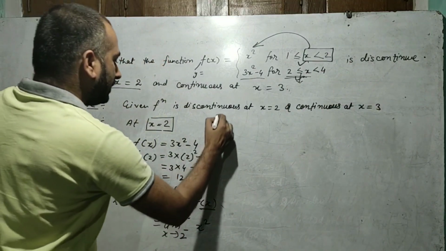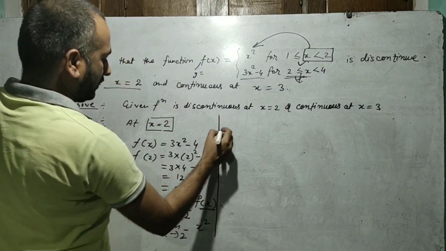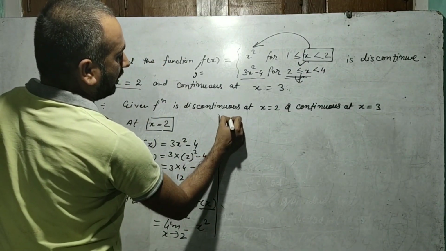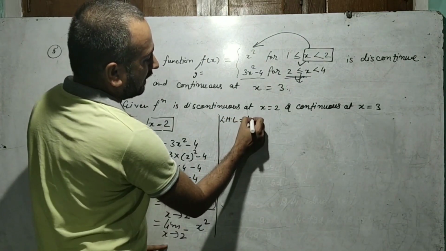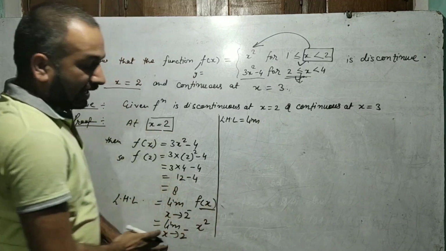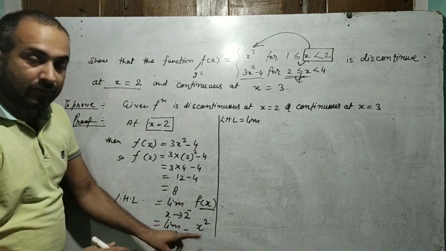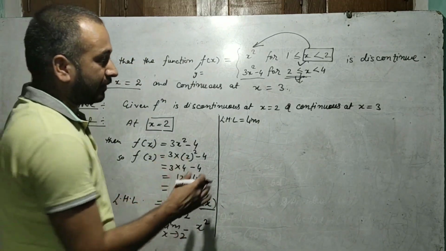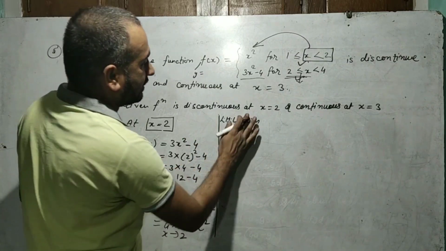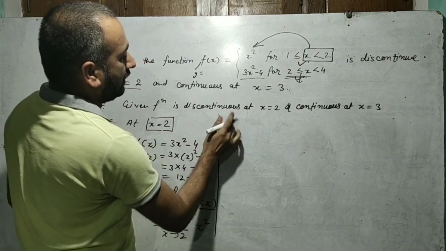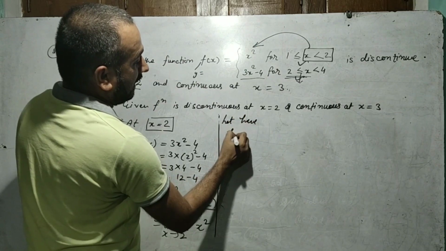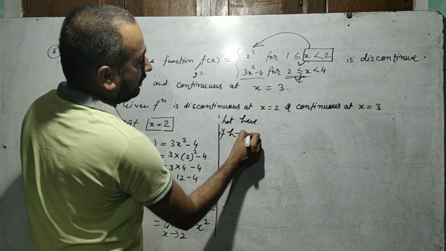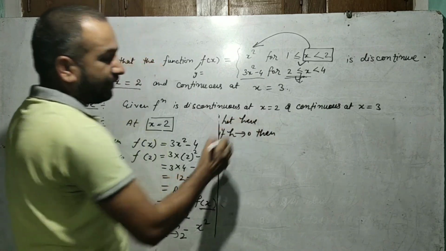So students, see next. LHL is the limit as x approaches 2 from the left of x square. If h tends to 0, then what will be the effect on x?